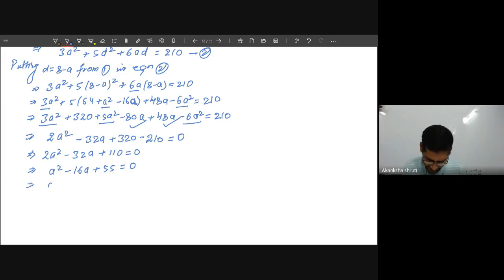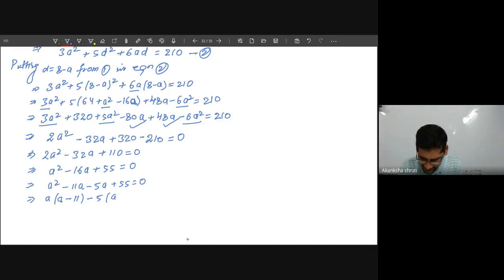How is this? I can take this as a square minus 11a minus 5a plus 55 equals 0. Students, I have applied splitting the middle term. So a is common. a minus 11, minus 5 is common here.